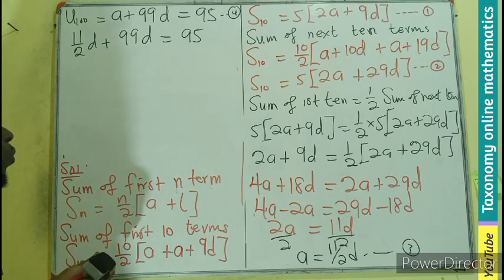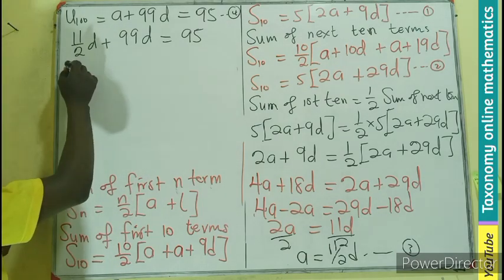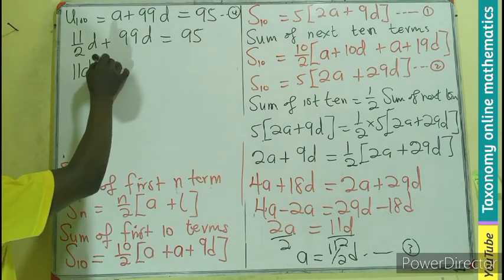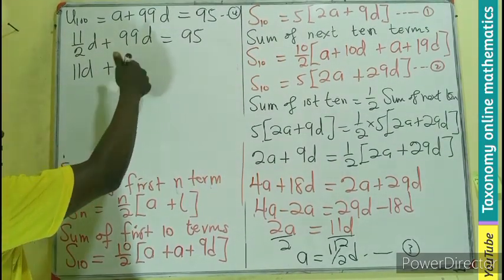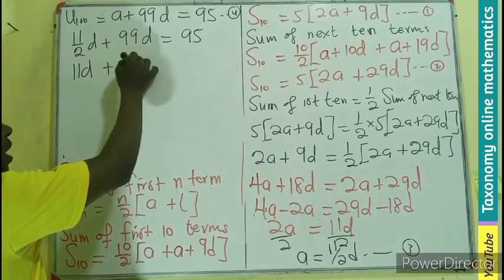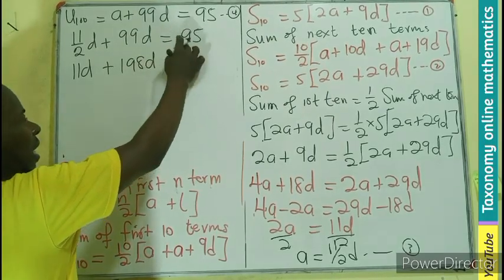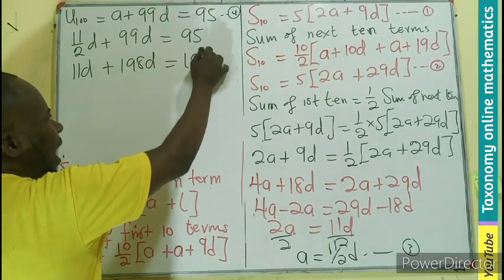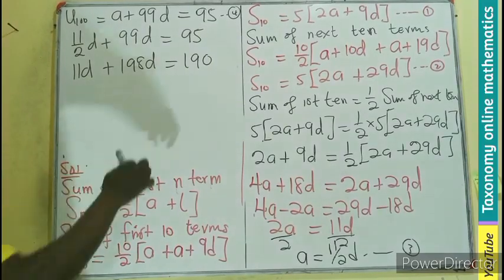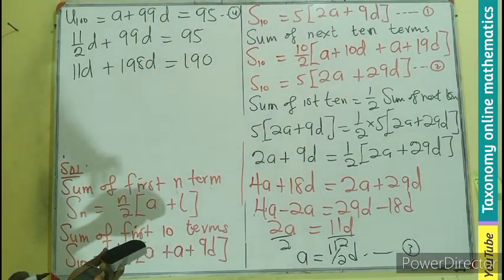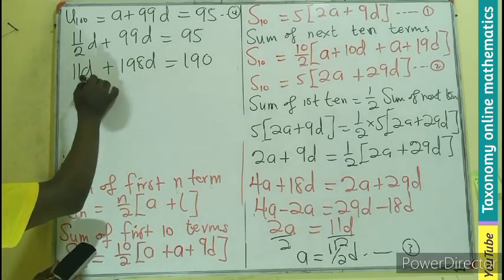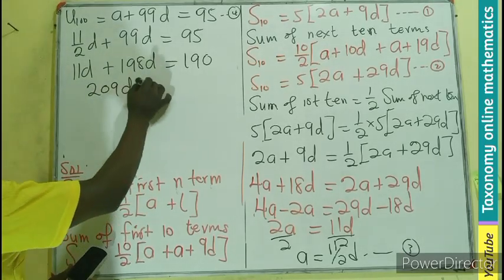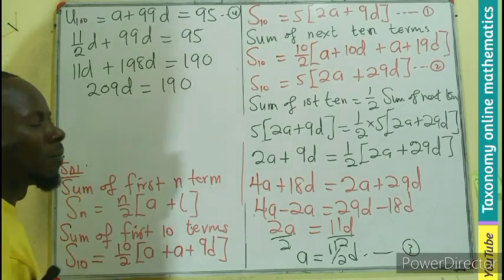So this becomes 11d plus, if you multiply the 99 by 2, that gives us 198d, and 95 by 2, 190. This can be added as 11 plus 198. That will be 209d equals 190.